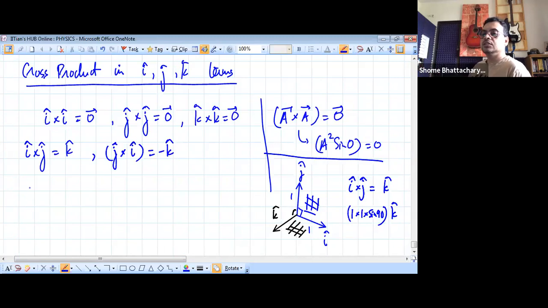Now similarly, J cross k will become I cap. Point your thumb along the y-axis and your fingers along the positive z-axis. You see your palm will point along the positive x-axis. And likewise, k cap cross j cap will become minus I cap.